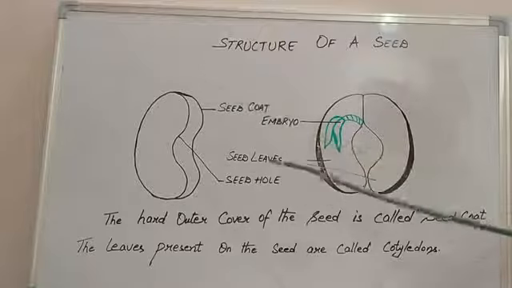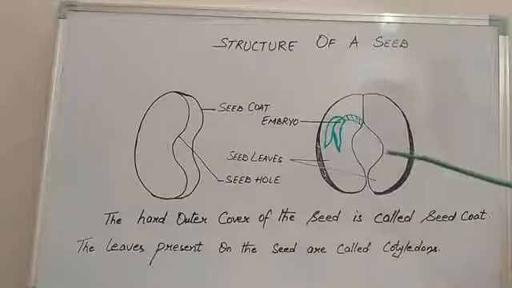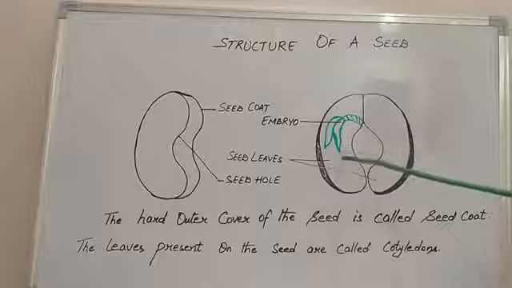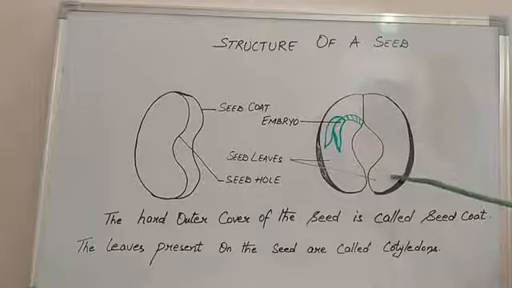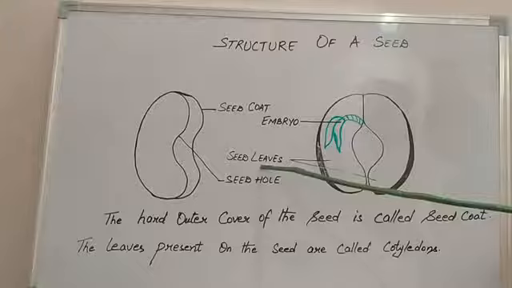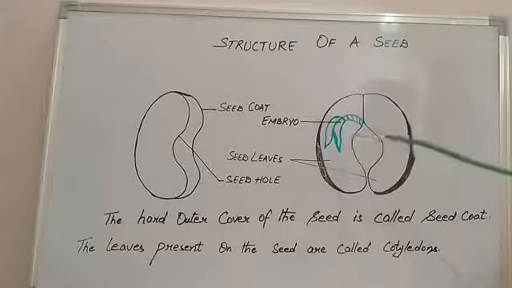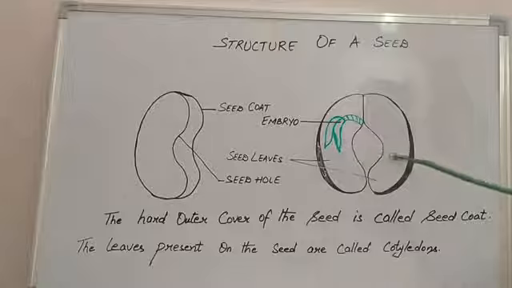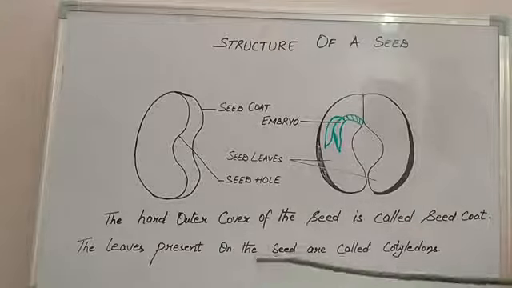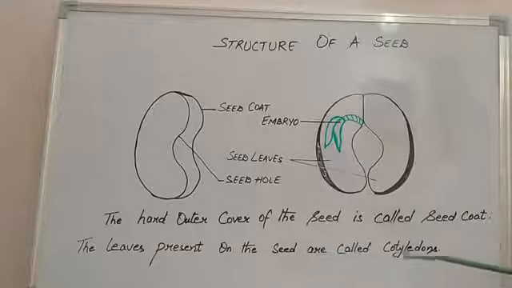The inner part of the seed that provides food for the baby plant is called cotyledons or seed leaves. These are the cotyledons of the seed, or you can say seed leaves. The leaves present on the seed are called cotyledons.